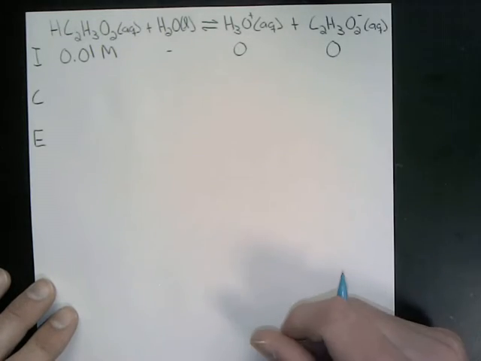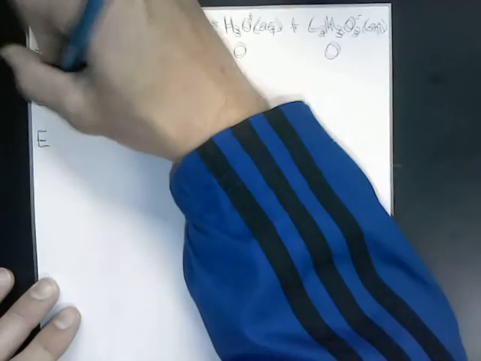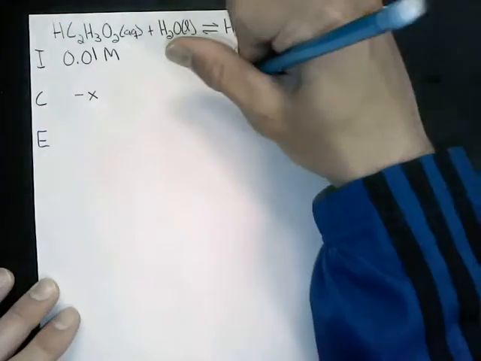Now, what we need to do is this. Just like we did last time, we are going to associate the change, and the change is going to be the same.